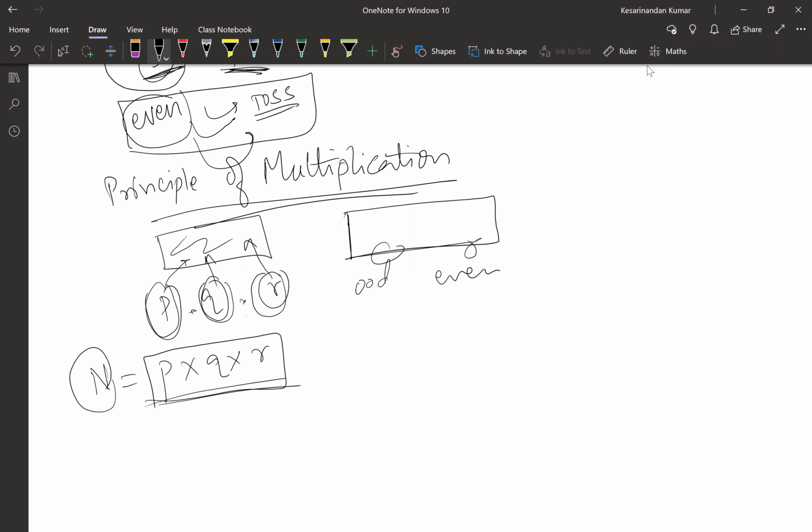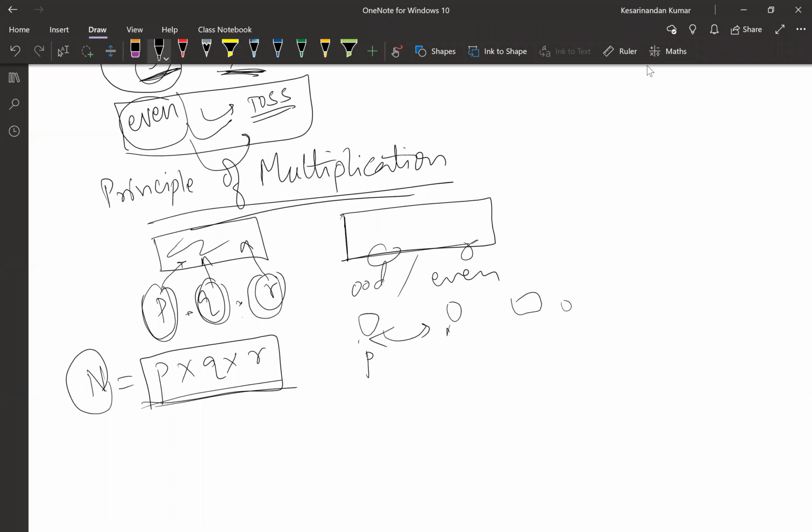On one day they can be odd, another day even, another day odd, another day even, and so on. They two have no relation. So let's say the number of ways this is done on that day is P, this is Q, this is R. Since they have nothing common and are not dependent on each other, they will be added. That's the thing you will have to remember.